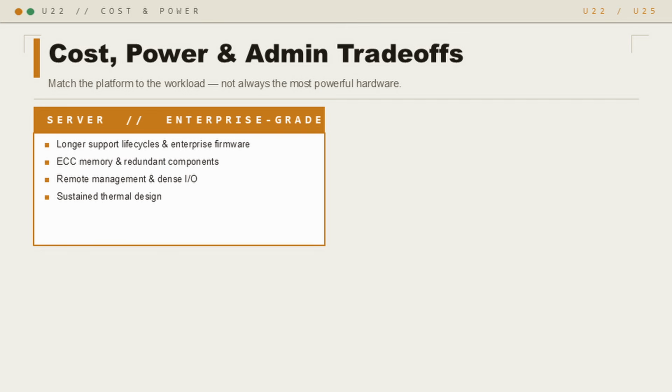They champion sustained thermal design, redundant components, and enterprise firmware ecosystems. They also tend to consume more power and require more planning for cooling, rack space, backup strategy, network integration, and security controls. In return, organizations gain reliability, scalability, centralized administration, and better support for critical workloads.